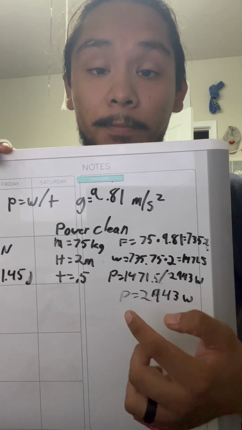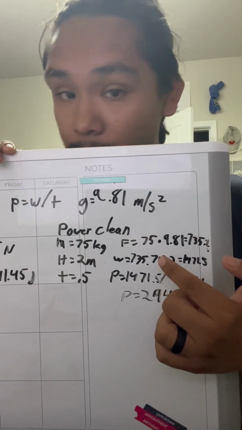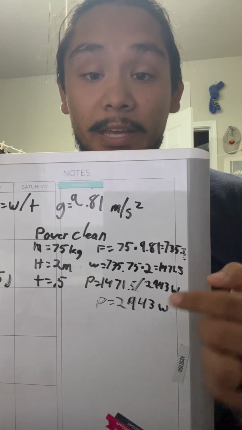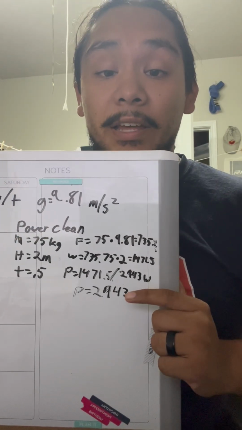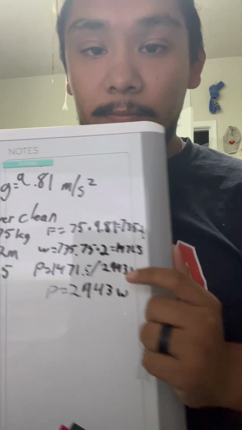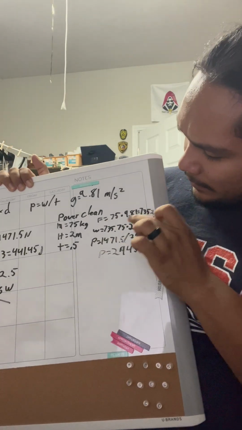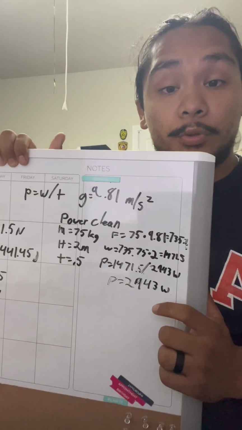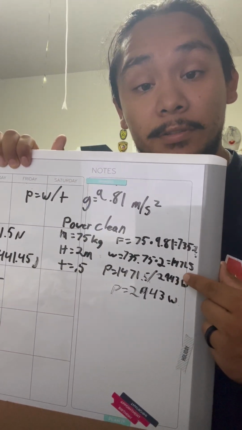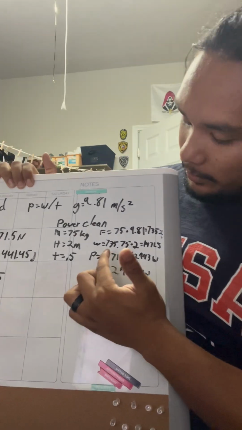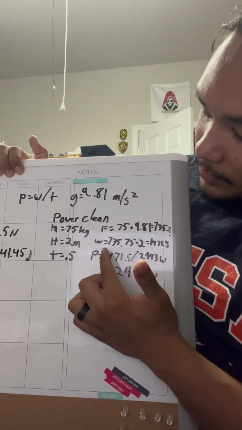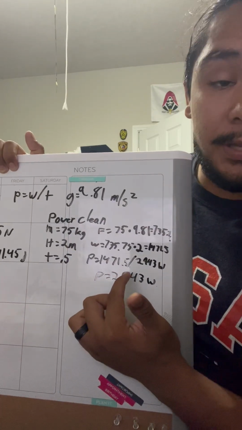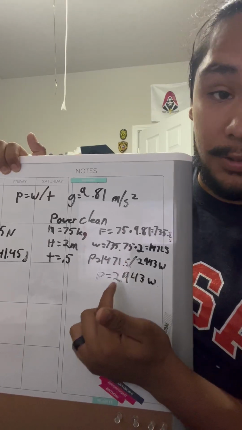For force, we plug in our 75 kilograms, multiplying by gravity, 9.81, to arrive at 735.75, which we multiply by the distance traveled, our 2 meters, to arrive at our work being 1,471.5.